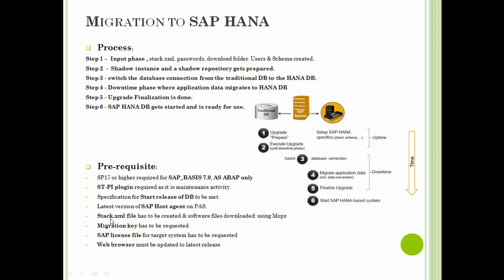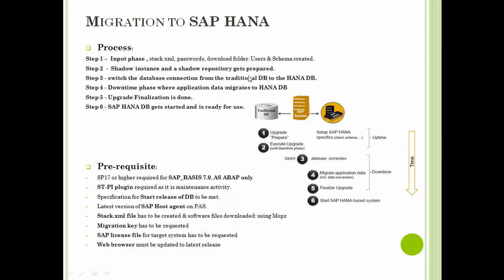So make sure also the stack.xml and the software files are available on the file system where we are running it, for example, the primary application server. So once all these prerequisites are met, we are good to start with the DMO option.